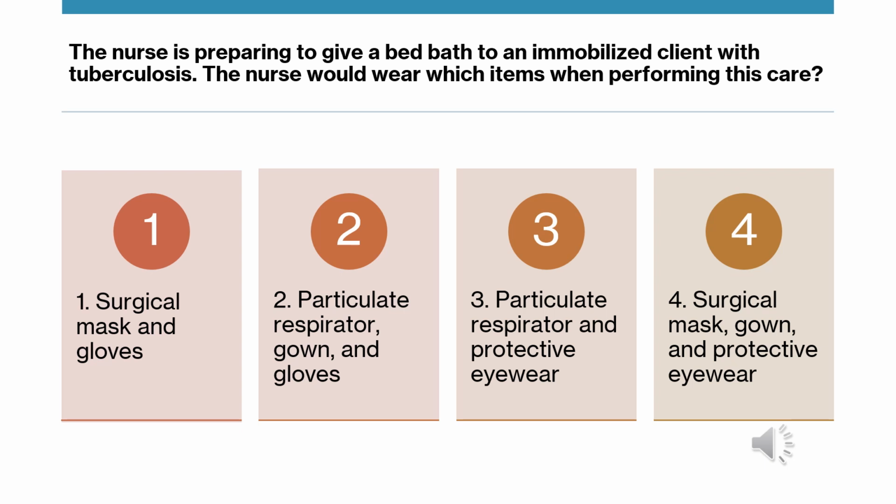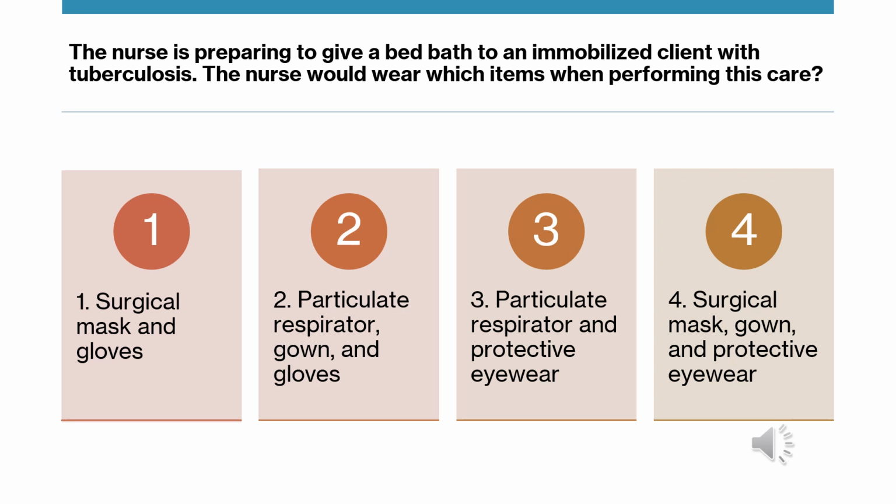So remember back with our infection control precautions. You have standard precautions and you have your transmission-based precautions. So transmission-based, is it contact? Is it airborne? Is it droplet? A person with tuberculosis will be in airborne precautions.